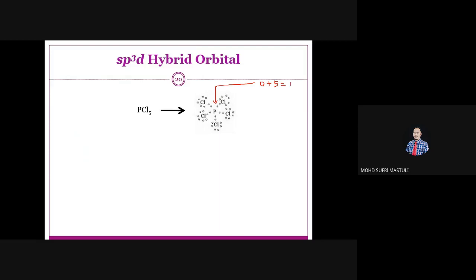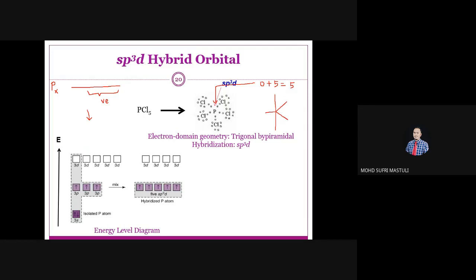So 5 is the hybridization of sp3d, and then the geometry is trigonal bipyramidal. So check from the periodic table the total electrons of phosphorus, and then write the electronic configuration, and then choose the atomic orbital, how many valence electrons, and then transfer into the energy diagram.